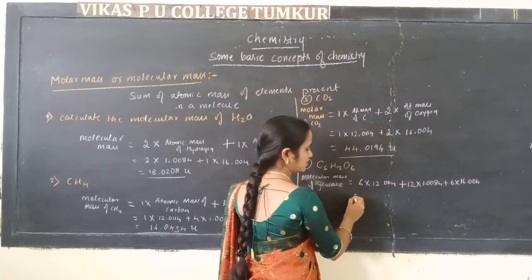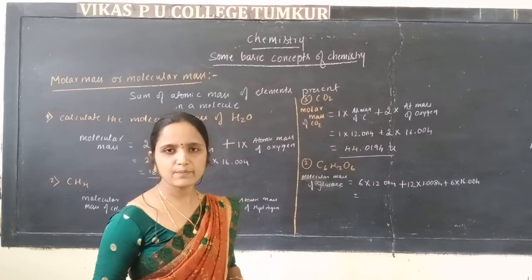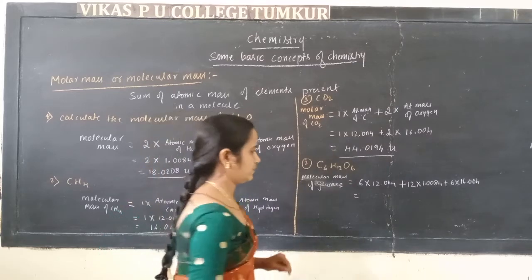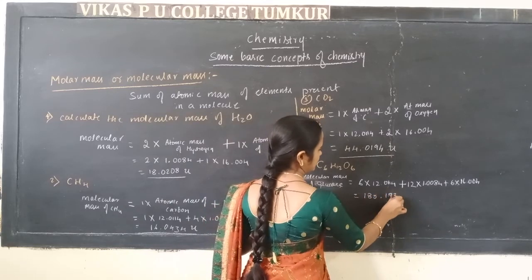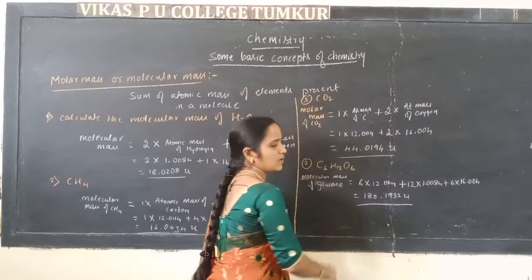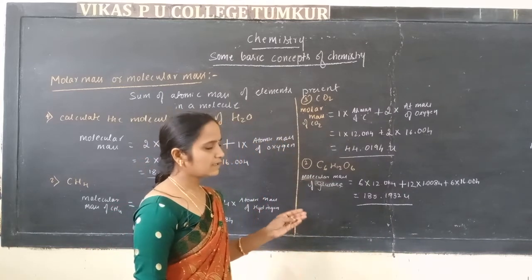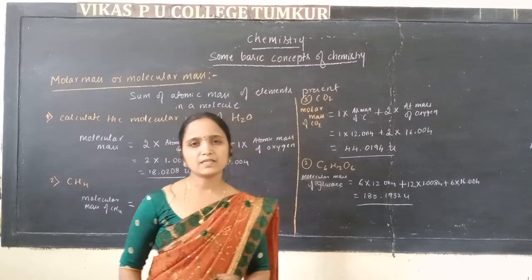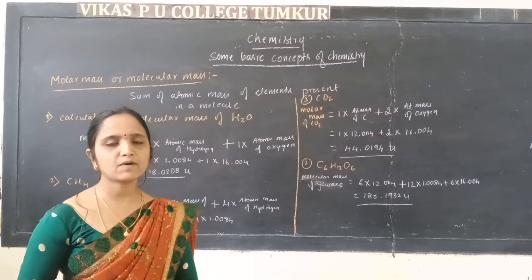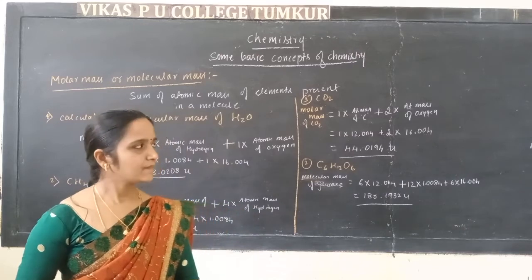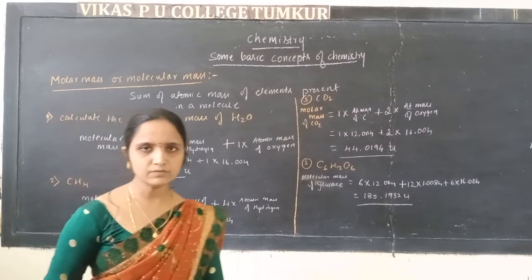On calculating this, we get 180.1932 unified mass. This is the method used to calculate the molecular mass or molar mass. Like this we will calculate some other compounds. We will see now.